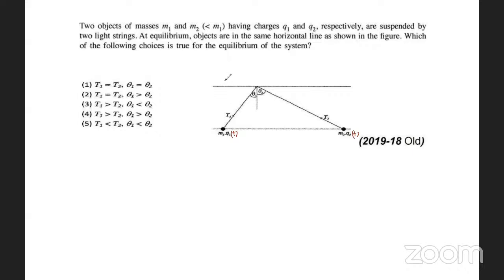Agreed? 3 forces. One is the weight, so that's going to be m1g, and the other one is the repulsive electrostatic force, fe. I'll put it fe, and the tension T1, right? So I'll write it a little bigger. I'll get rid of the information they have given here and mark it a little bigger.